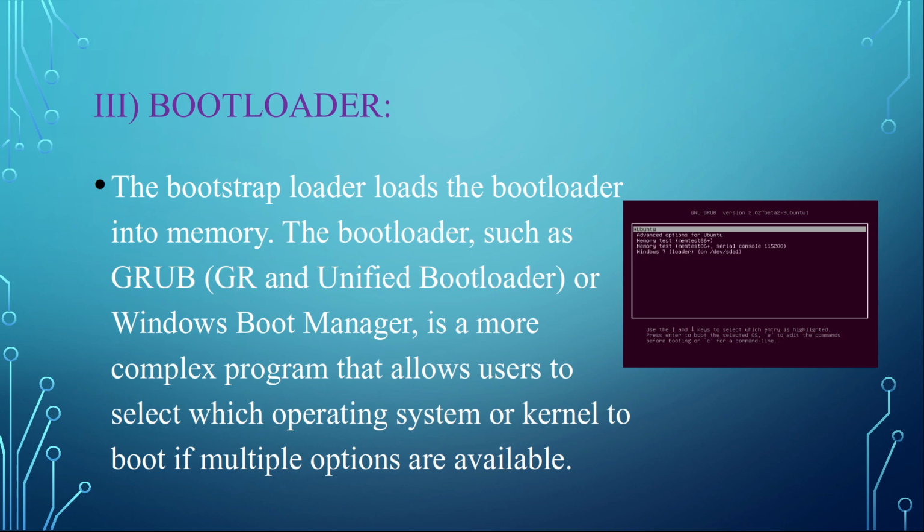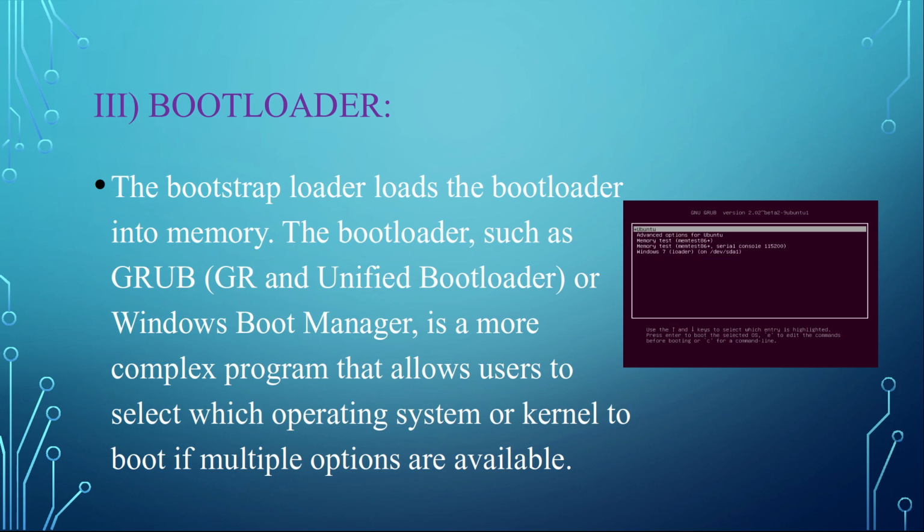After the execution of the bootloader, the bootloader finds the operating system kernel from the bootable media like HDD or SSD, and it starts loading that kernel into the RAM.